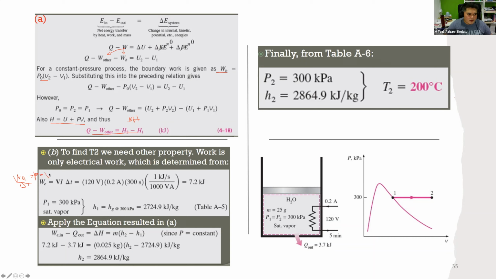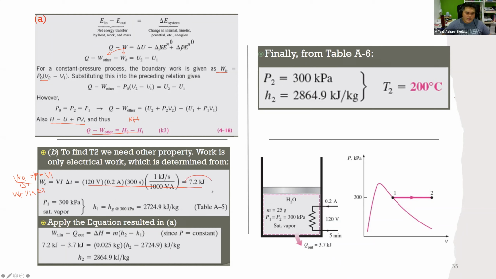Power is also equal to VI, the voltage multiplied with the current. So in order for you to get the work, the work of the electric is VI multiplied with the delta T, so that you'll be able to get the work done by electrical work, which is WE.